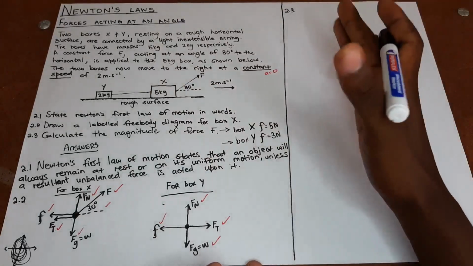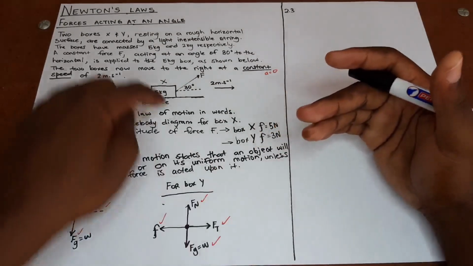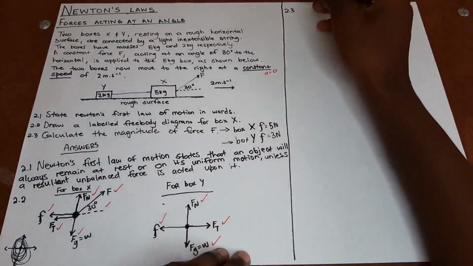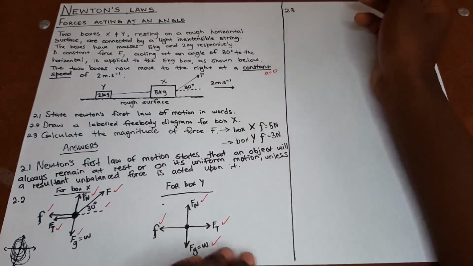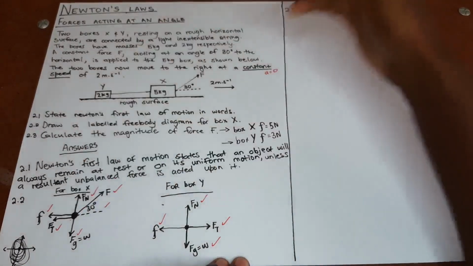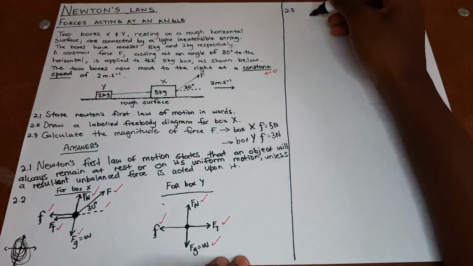Our vertical and horizontal components acting on box X. We wrote and drew our free body diagram, so let's redraw it.